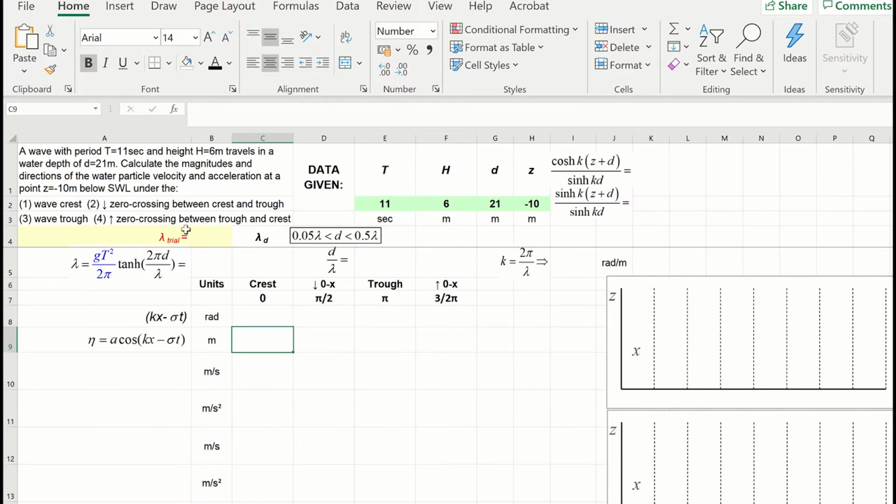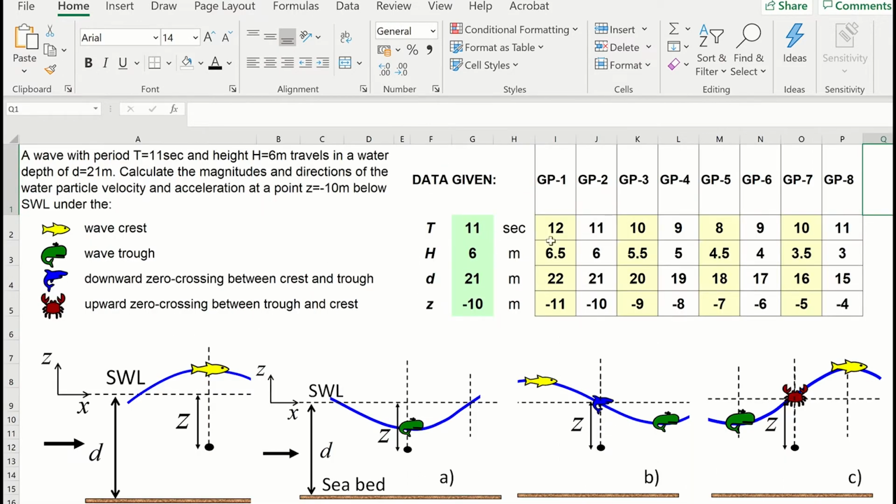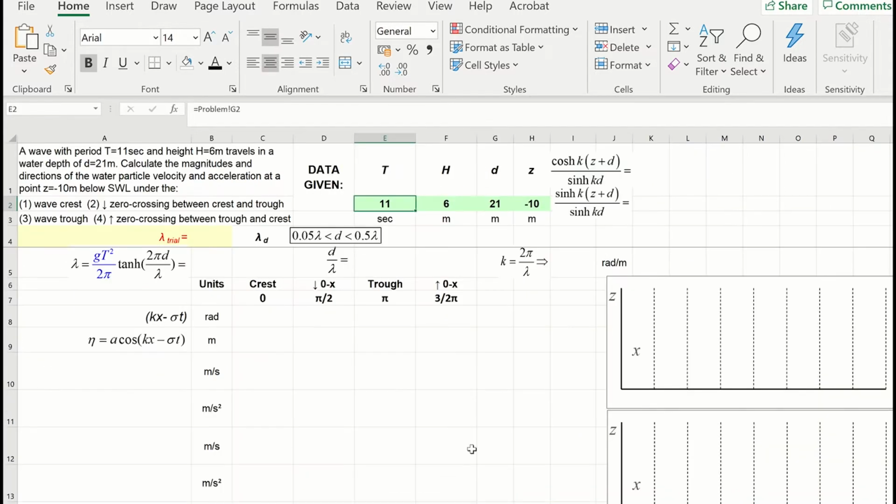On this spreadsheet, I show the problem and I also show my given data. Because the spreadsheet is dynamic, input data are being read from the problem spreadsheet, which is from here. Therefore, as soon as I replace the given data with any other data set, my calculations and my plots are updated dynamically.